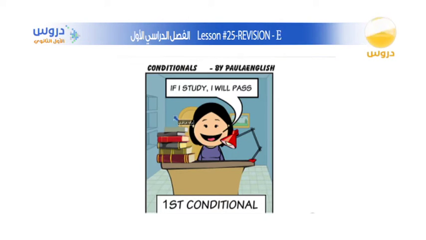So, if I study, what do you mean by numbers? Alright, we mean by number, just to make it simple for you, Miss Yasmin. Number 1, that means verb number 1, the present.